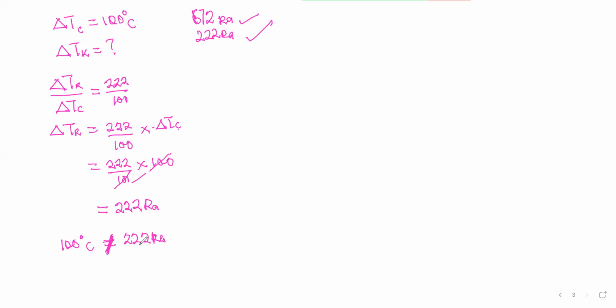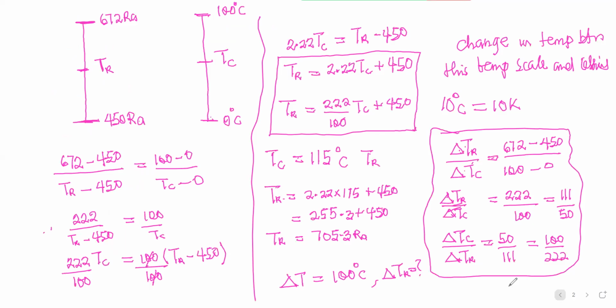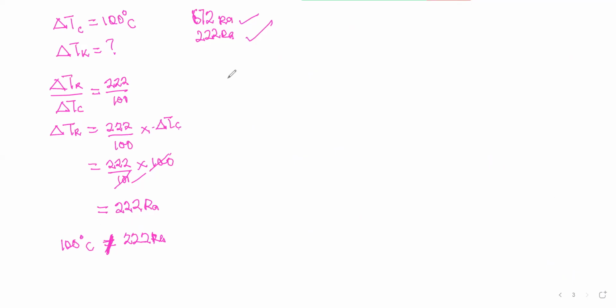If I want to convert 100 degrees Celsius to this temperature, this is what I use: the first equation we derived, and we saw that TR is equal to 2.22 TC plus 450.